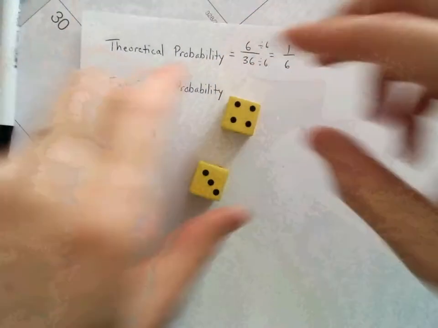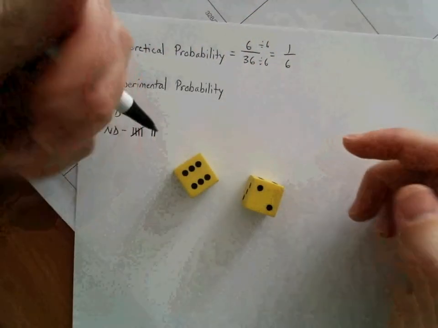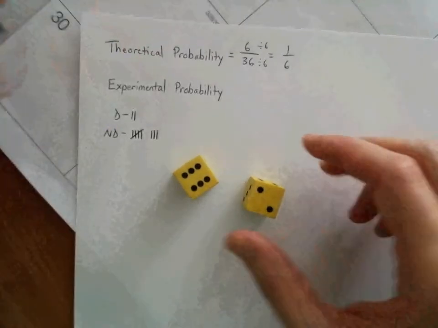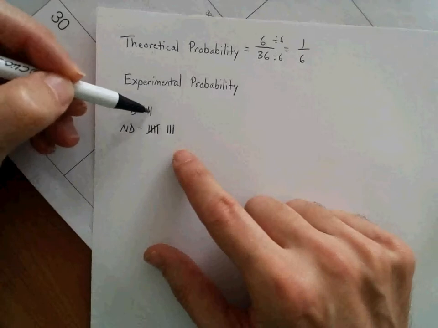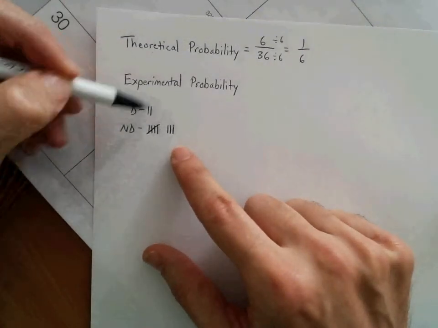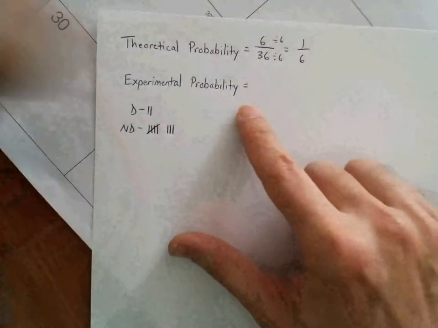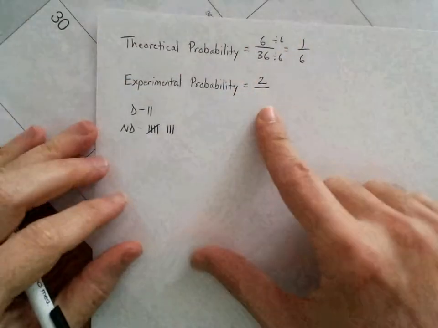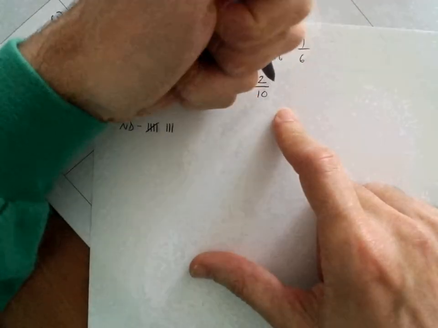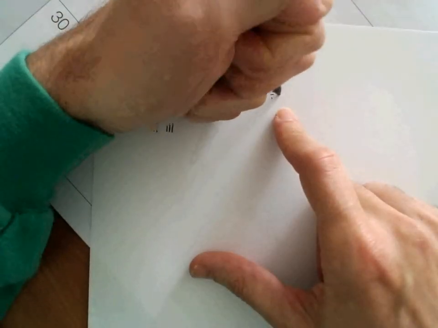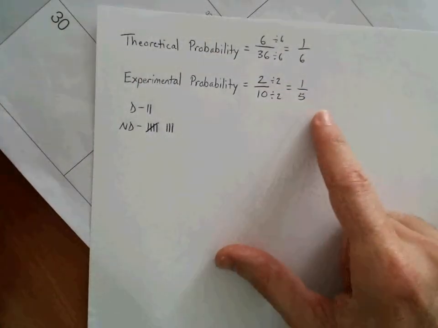A 4 and a 3, not doubles, and here we had a 6 and a 2, so it's not doubles. In this situation, we had 2 doubles out of a total of 10 rolls. So for the experimental probability, 2 out of 10. When we reduce this, we can divide by 2 on top and bottom, so we get 1/5.